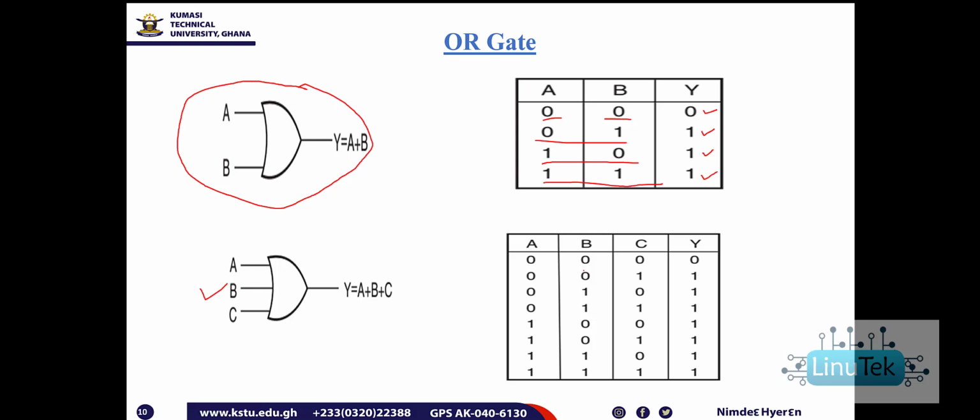And similarly, when you look at the truth table for the 3-input OR gate, you will see that we only have an output of 0 when all the inputs are 0, but for all other input combinations, the output is what? 1. So kindly take note of that.